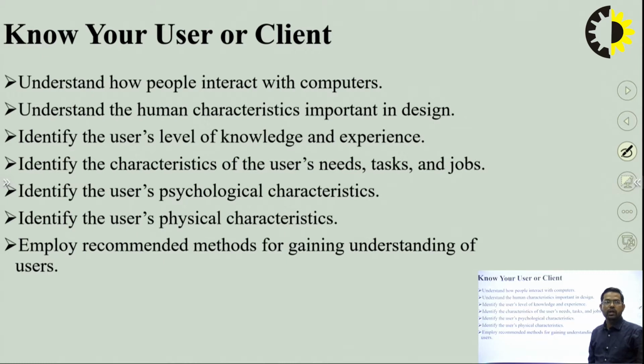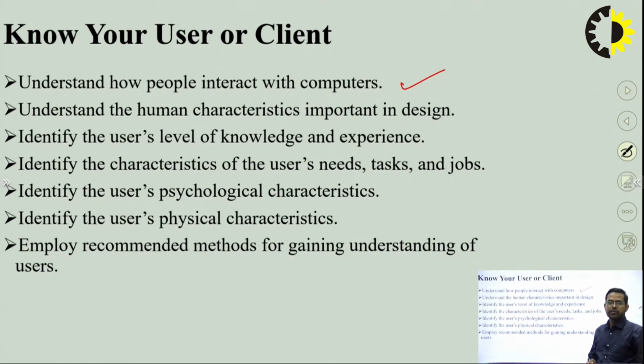First is to understand how people interact with the computer. Second is to understand the human characteristics important in design. There are two types of characteristics: psychological characteristics and physical characteristics.